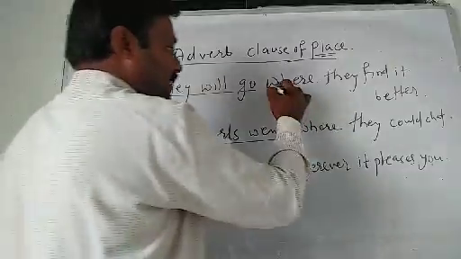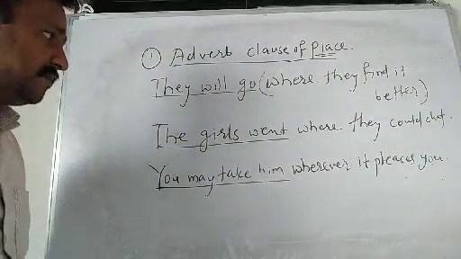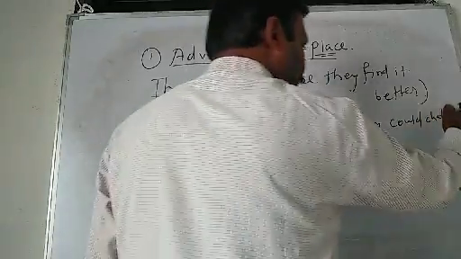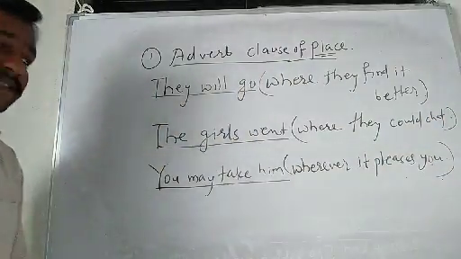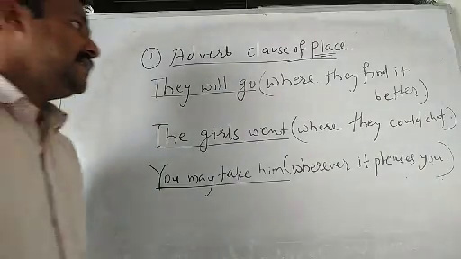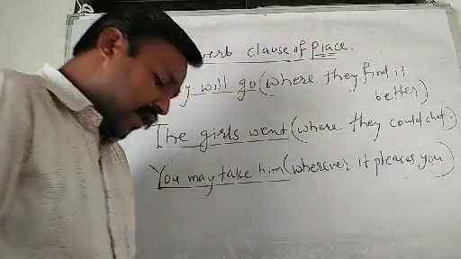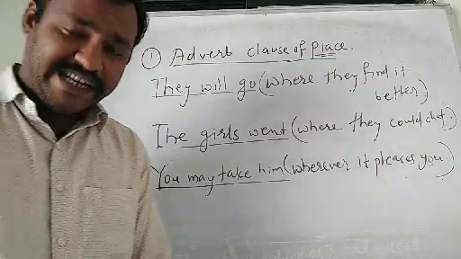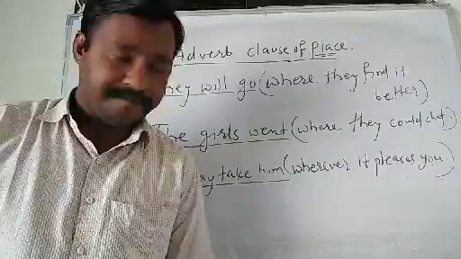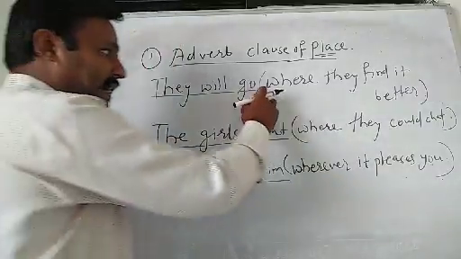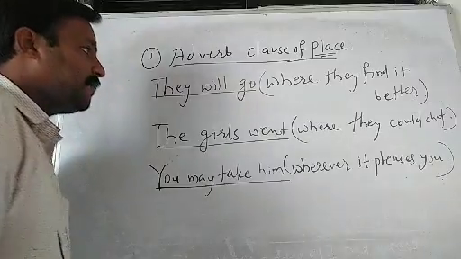But the parts where they find it better, where they could chat, and wherever it pleases you, these three are called adverb clause of place. So in the above sentences, in each case the subordinate clause indicates place. Subordinate clauses I have written in the bracket, you can find them.